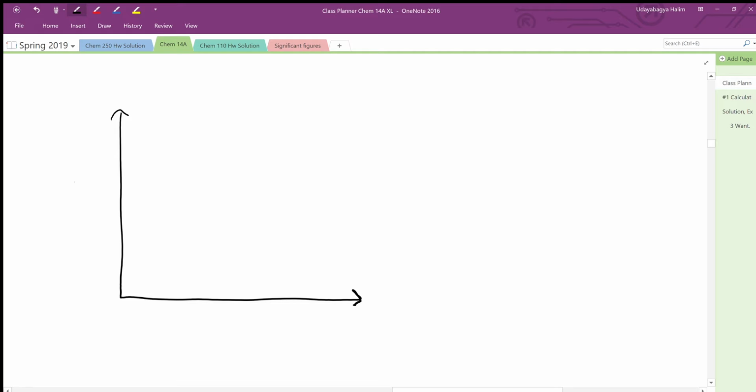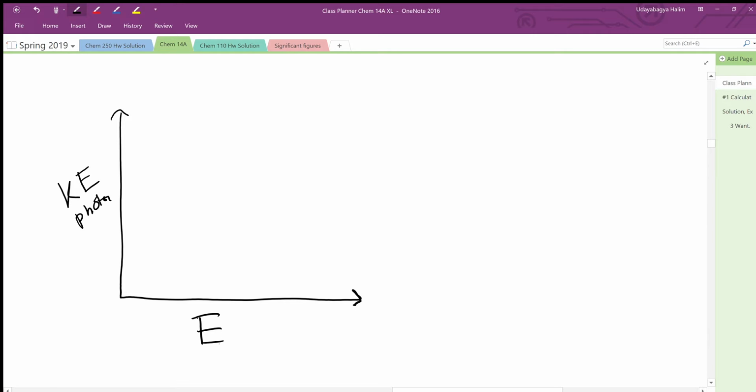If your y-axis is the kinetic energy and the x-axis is the wavelength, how would this graph look? Actually, let's make it easier first.